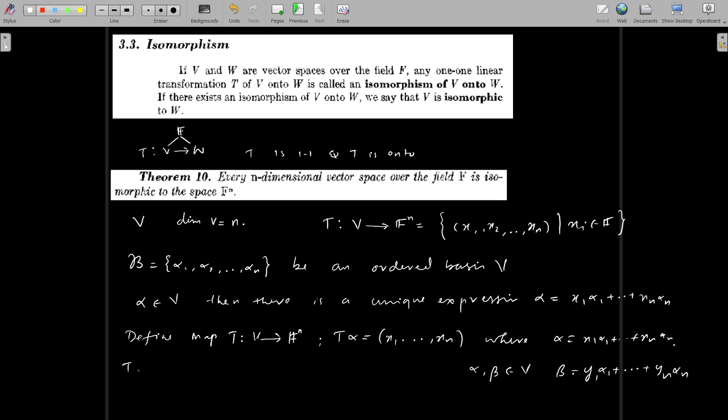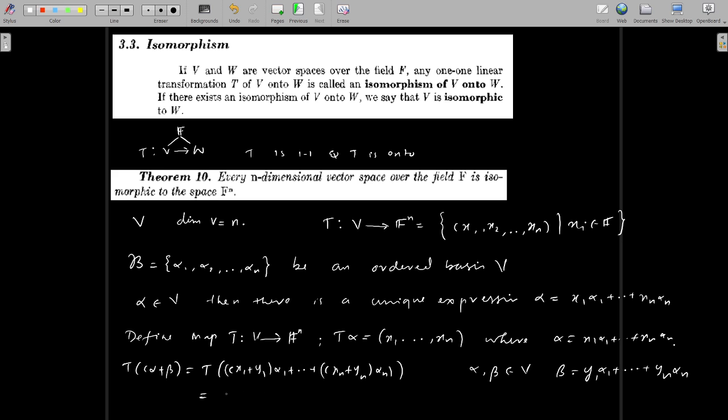Now you can consider T of C alpha plus beta, that is C times alpha plus beta. So when you add those quantities, you get (Cx1 plus y1) times alpha 1 plus etc. plus (Cxn plus yn) times alpha n. Okay.